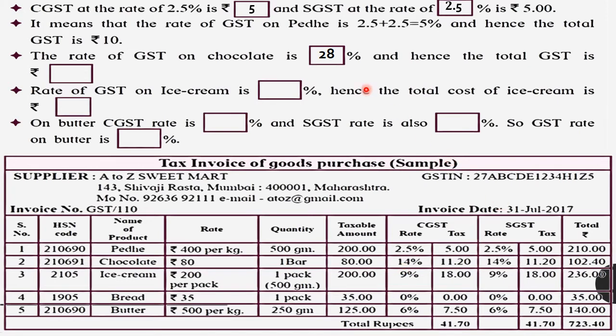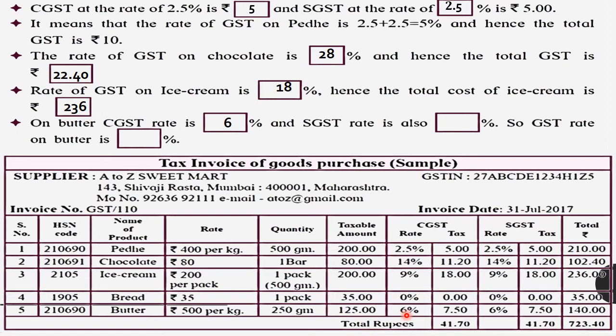So together it is 28%, and the total GST amount is 11.20 plus 11.20, that would be 22.40. Next, the rate of GST on ice cream is 9 plus 9, that is 18%, and the total cost of ice cream, not total tax, is 236. Finally, on the butter, this is the final column.